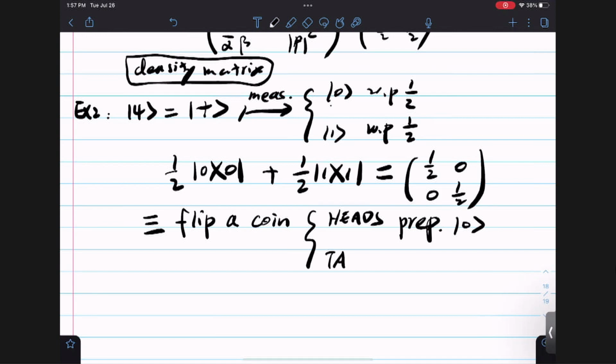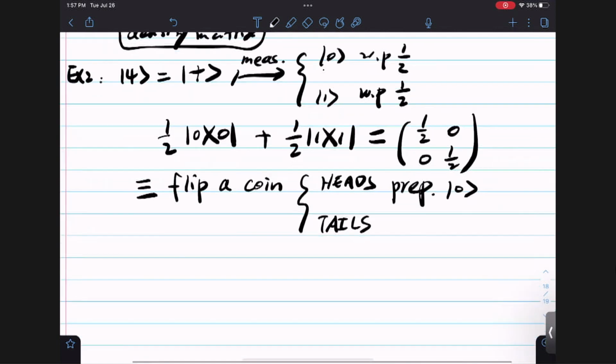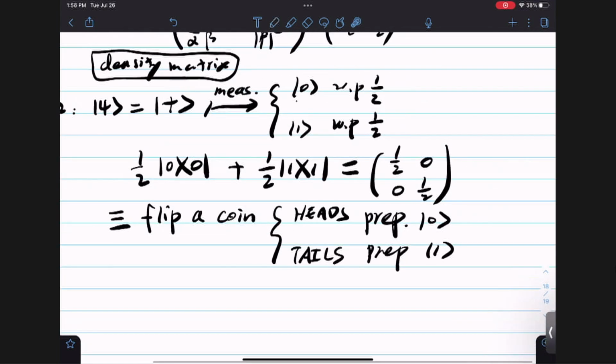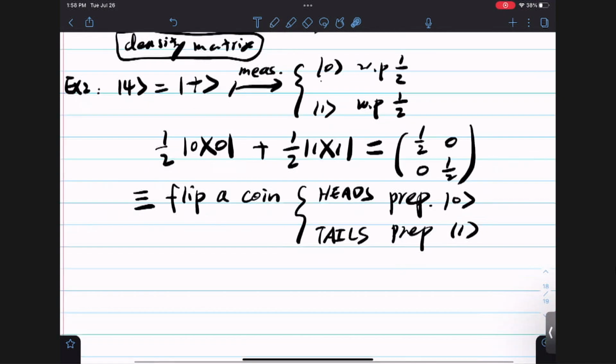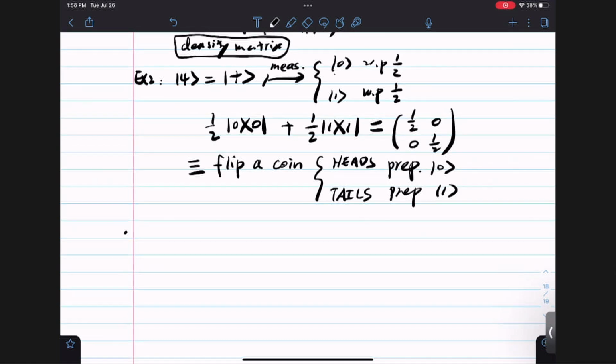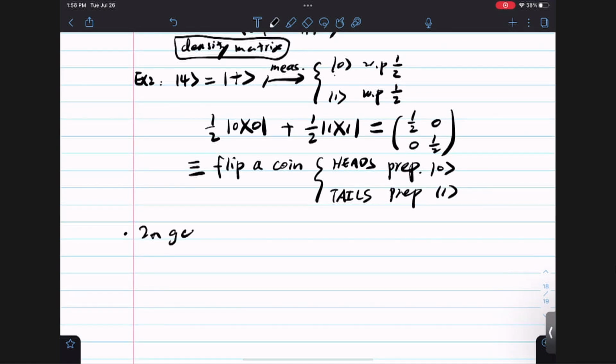And if the classical coin lands on tails, we prepare |1>. Then the resulting state of this process will give us the same density matrix. So this is just for a single qubit. Now moving on to multiple qubits, and also more generally, when we have multiple possible states.